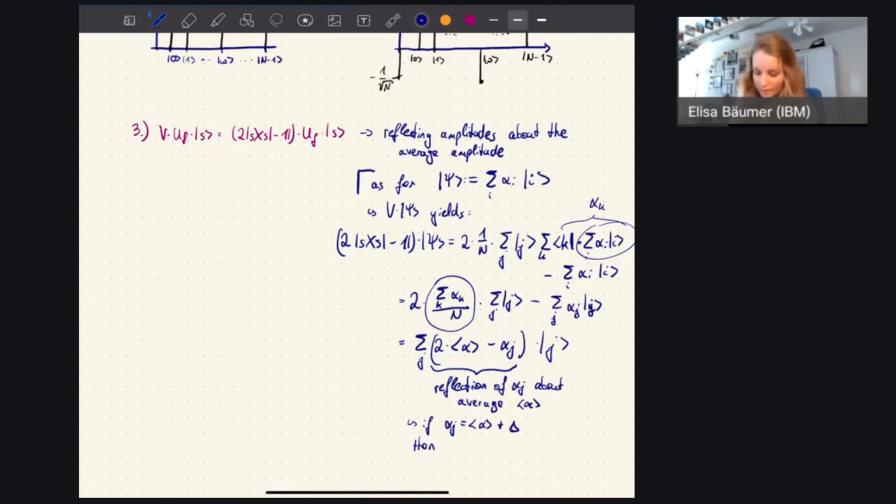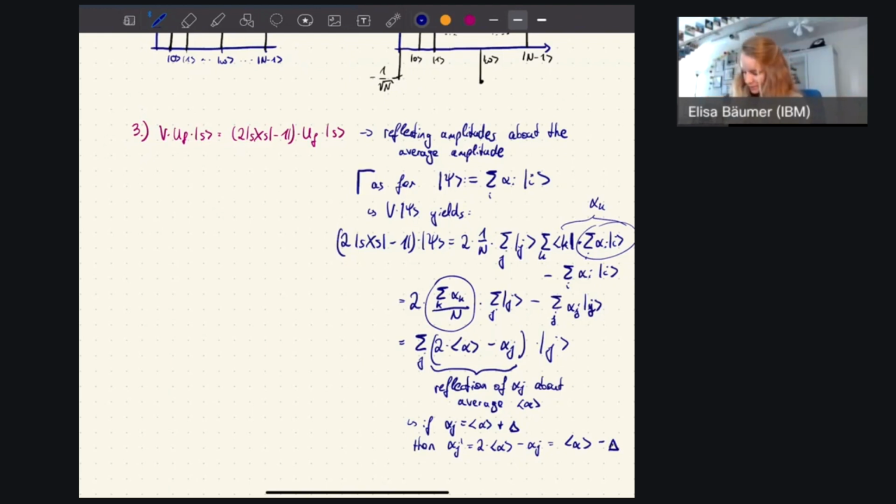Then alpha j prime, once I applied v to that amplitude, I get 2 times alpha minus alpha j, the expression that I just wrote, which would then be exactly average alpha minus delta, because delta can be written as just alpha j minus average alpha.